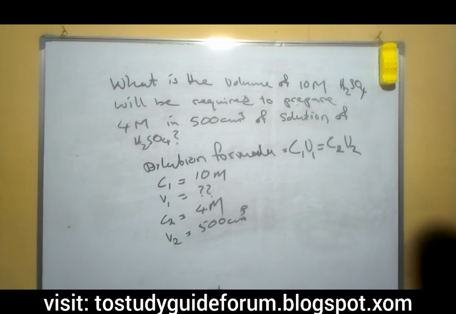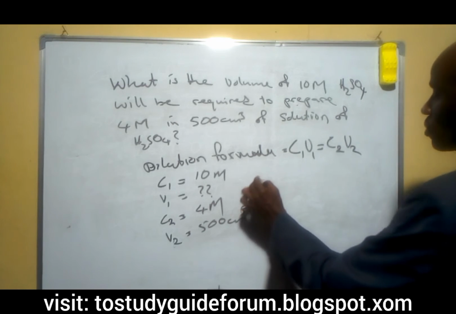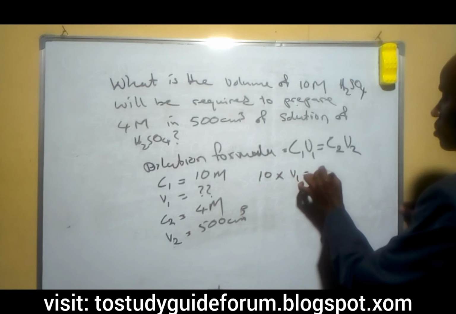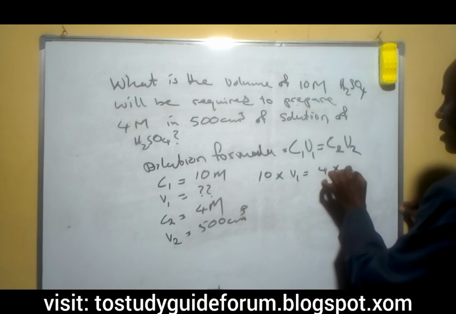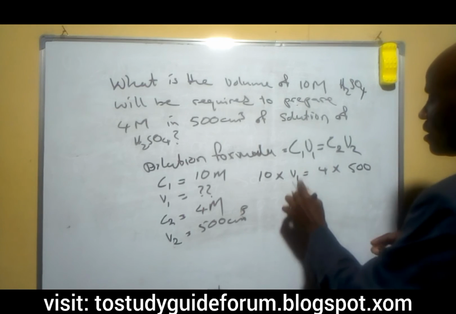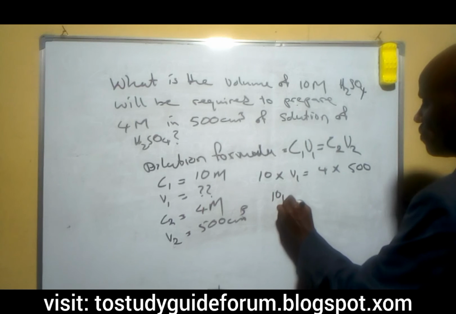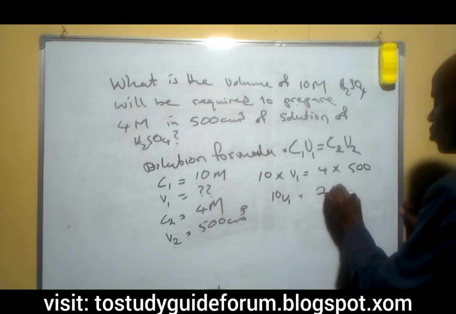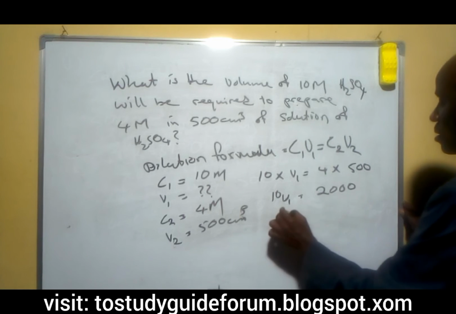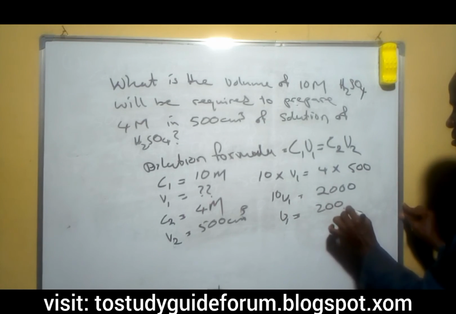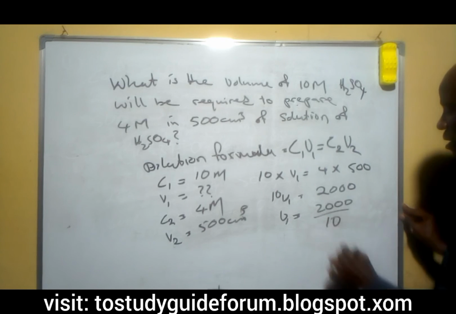500 cm cube. So we can substitute. If you substitute, we have 10 times V1 equal to 4 times 500. So we have 10V1 equals 2000, and then this other one will be over 10.